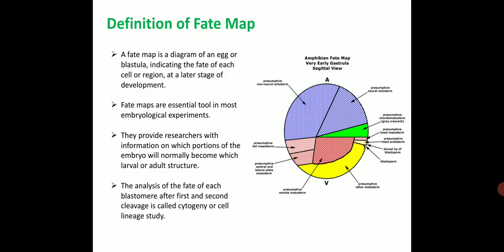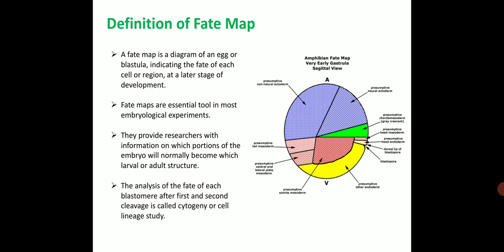Coming to the definition of the fate map: a fate map is a diagram of an egg, or it may be of a blastula, that indicates the fate of each cell or region at a later stage of development. The fate map has become an essential tool in many embryological experiments.